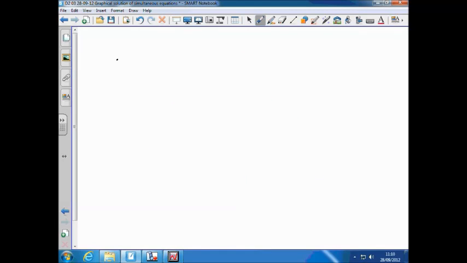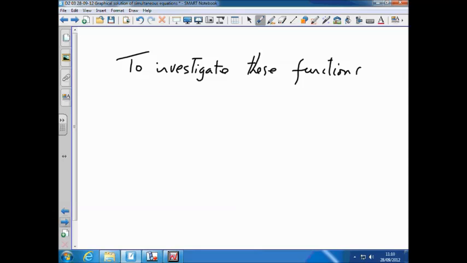To investigate these functions, we use logarithms.